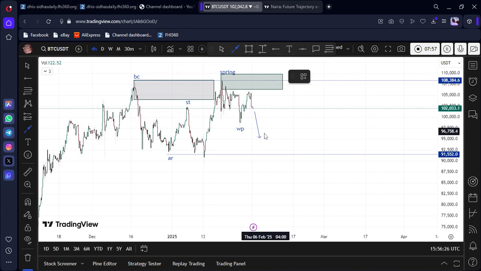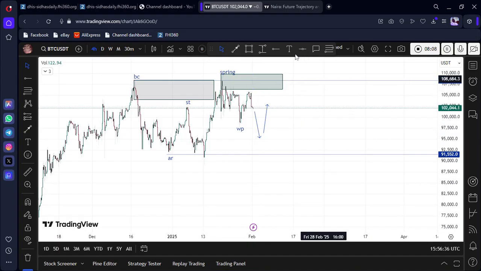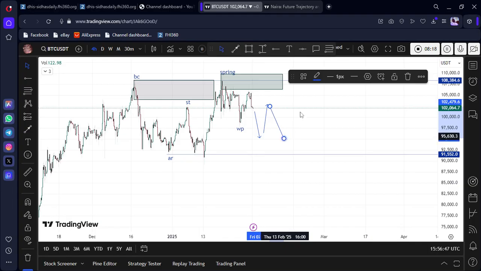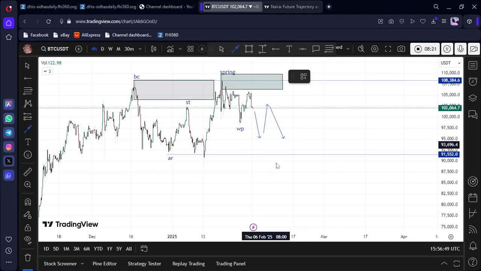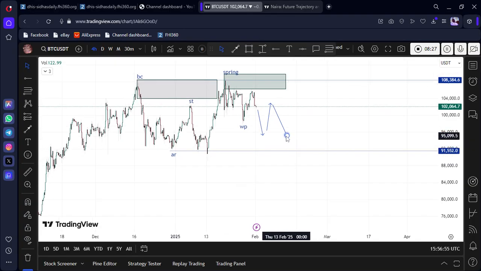Then a lower high. Remember, there was a change of character at the spring point. So you now have a lower high, a high that is lower than this previous one. Then you're going to have another one after this. Sorry, so I'll take this lower. Oh, sorry about that.